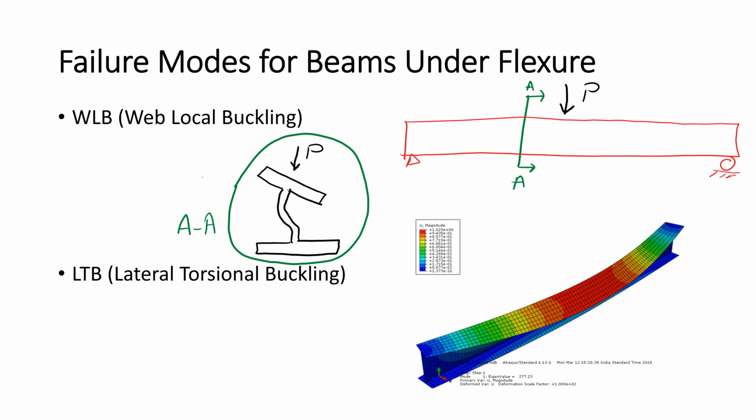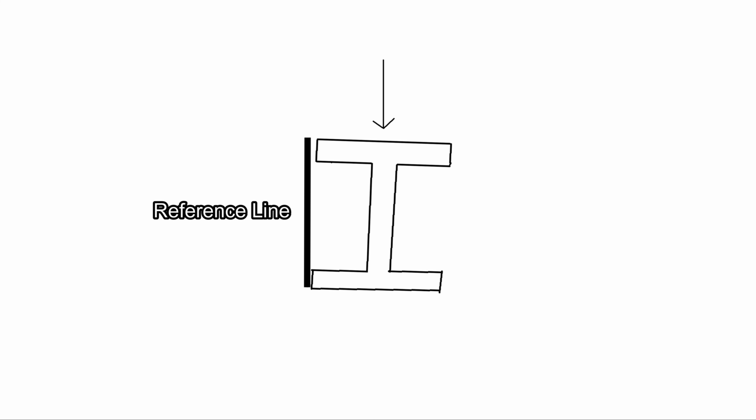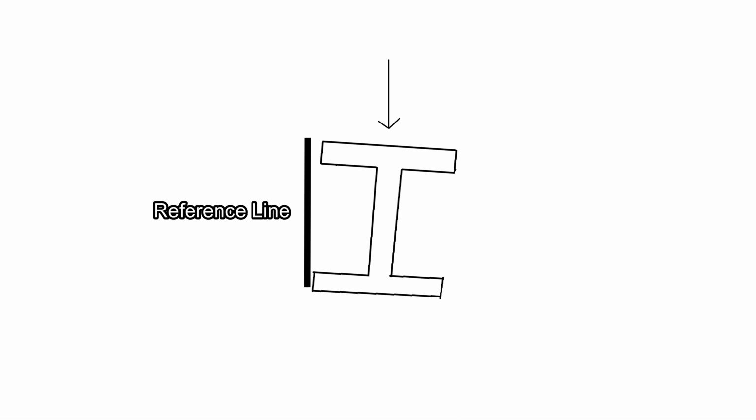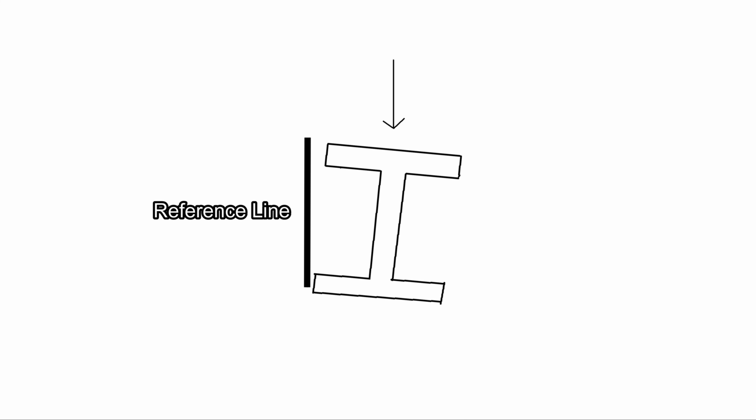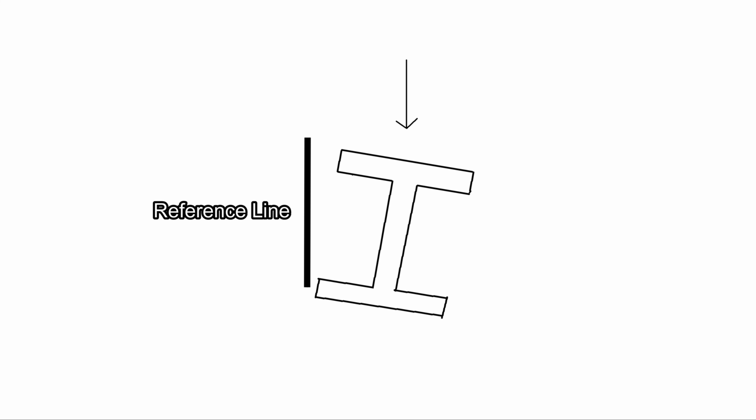This is lateral-torsional buckling. This happens when the beam is excessively long without being supported from the sides. Let's have a closer look at how this happens. When a beam is vertically loaded, the load will not exactly coincide with the beam's center of mass. Because of this load eccentricity, the beam will start to twist.